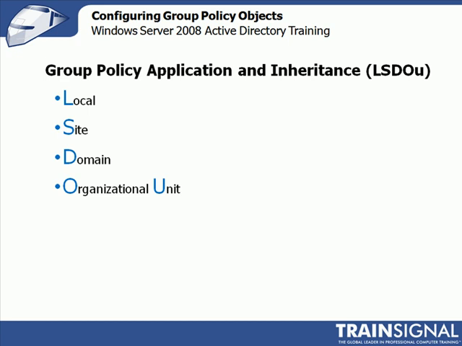Now, the flip side of that is that it is very good practice to primarily use your organizational units for the purposes of linking group policy objects. Okay, now it's not to say that there's anything wrong with linking a group policy object to the domain.